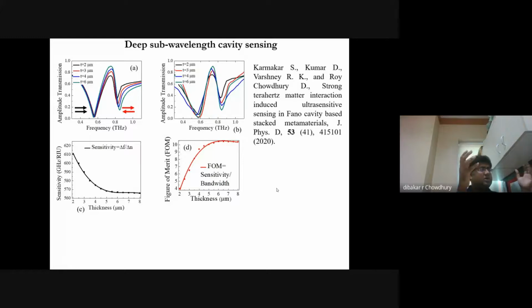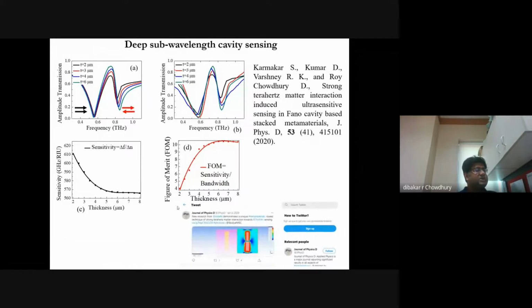So although the wave which we are using is a much longer wave, the field can be confined in a very small area. And what we observed here is the sensitivity and the figure of merit, which is nothing but sensitivity by bandwidth, and we observed that a record high 610 gigahertz per refractive index unit sensing can be achieved.